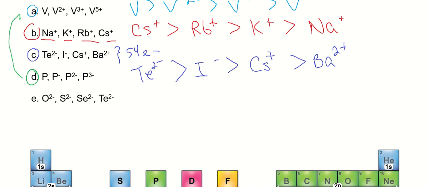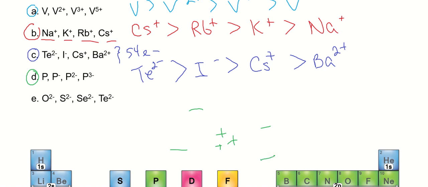This is just the opposite of A, where we had cations, now we have anions. So this time we're not removing electrons, but we're adding electrons. When you're adding electrons, it has the opposite effect of removing electrons. They say this is a neutral generic atom.